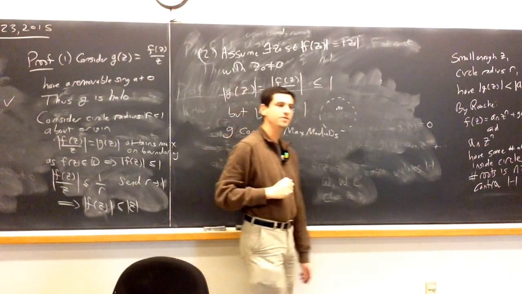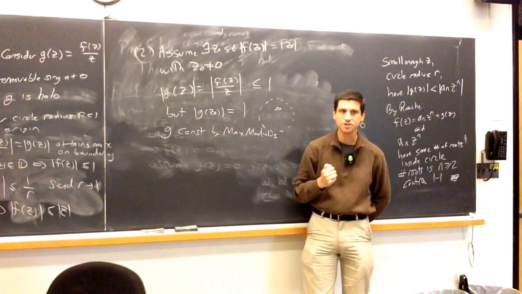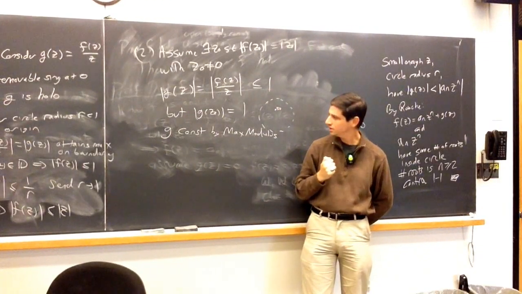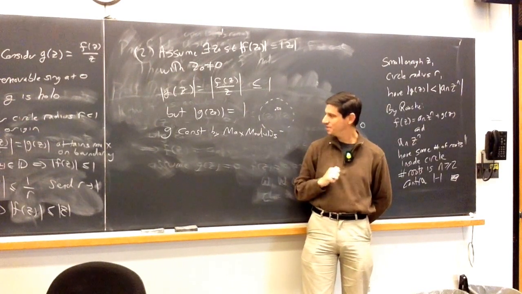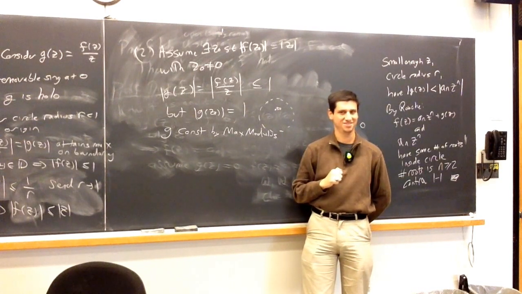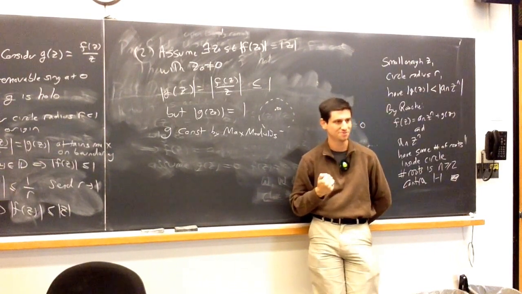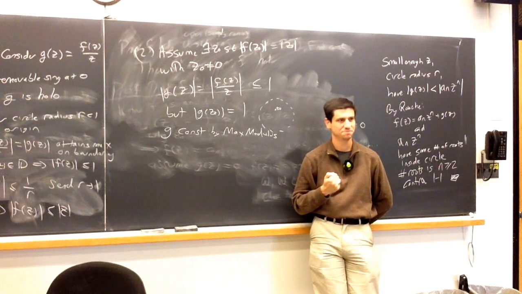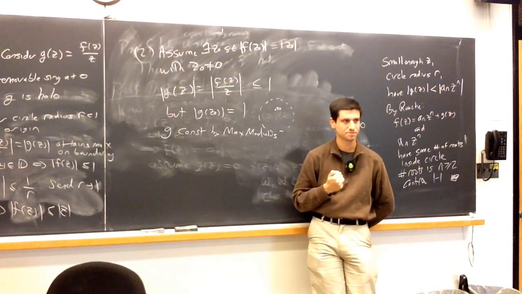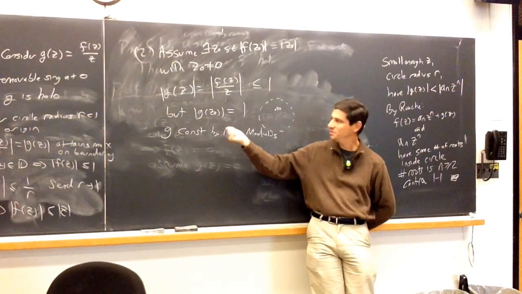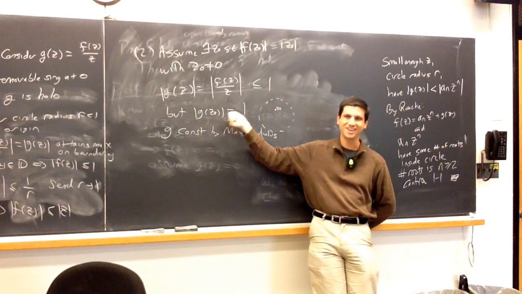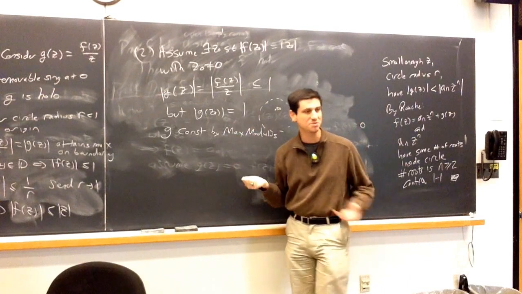So we're getting a lot of dividends now for those results, the maximum modulus, the open mapping theorem, the Bolzano theorem. What can you tell me about that constant? Could it be 1701, one of my favorite constants? No. What can you tell me about the constant? Well, if the absolute value of g is 1, the constant has to be of the form e to the i theta.